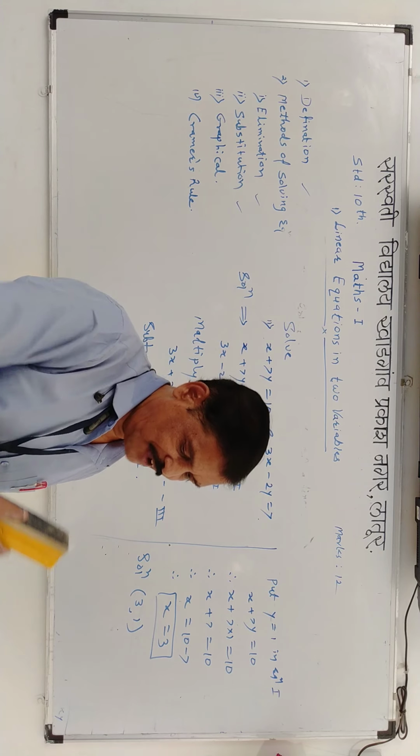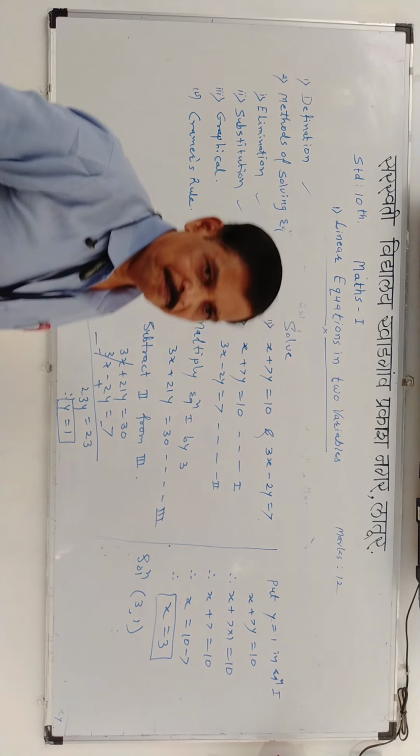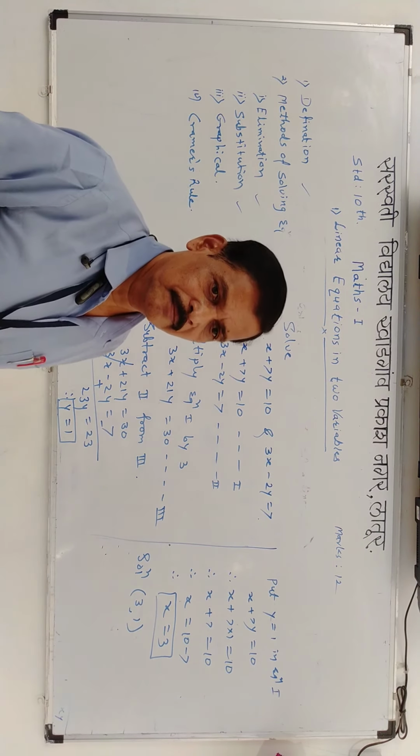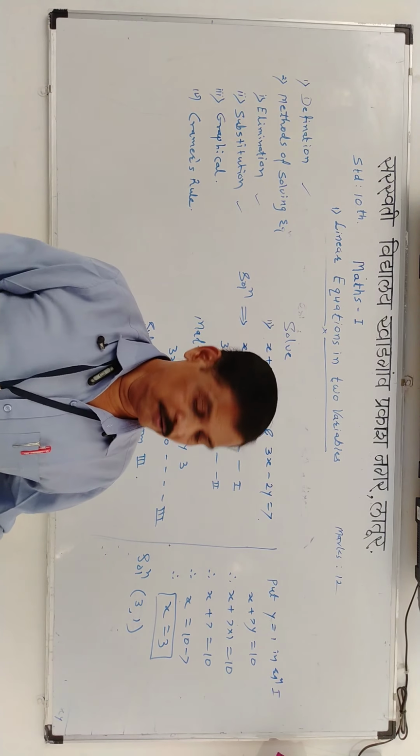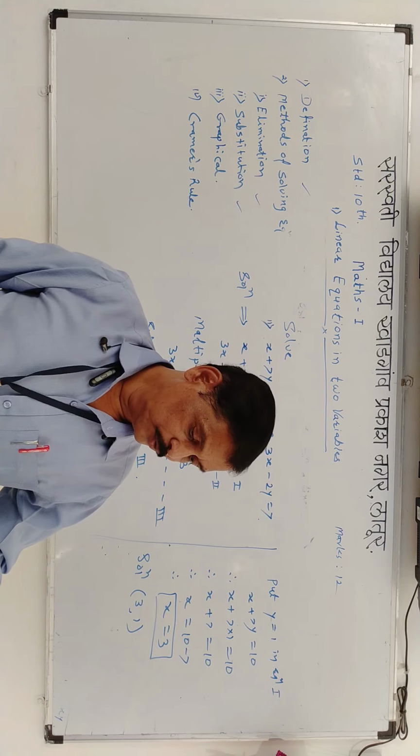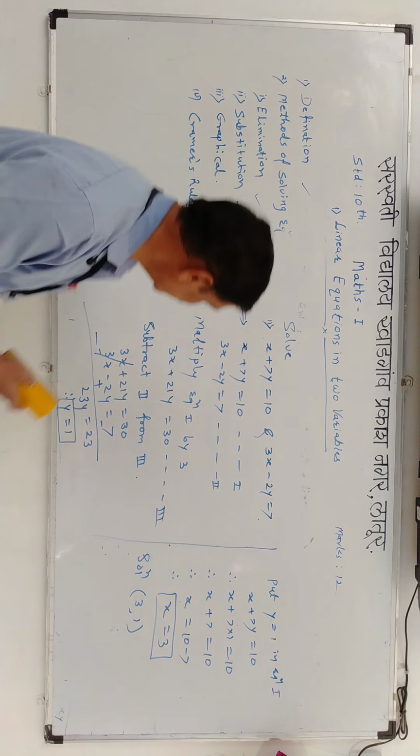2x minus 3y is equal to 9. Only one example. 2x minus 3y is equal to 9.